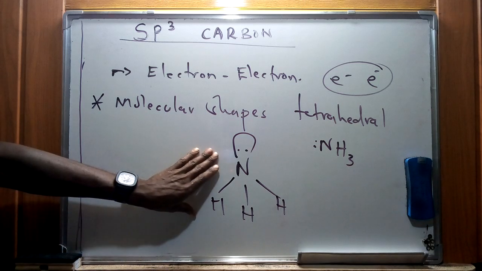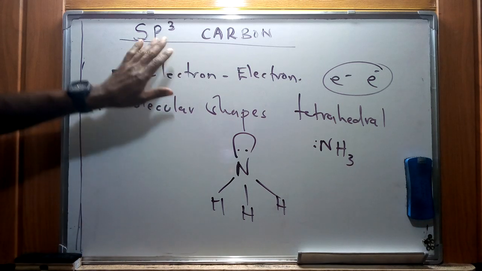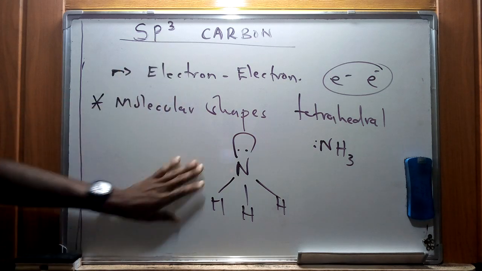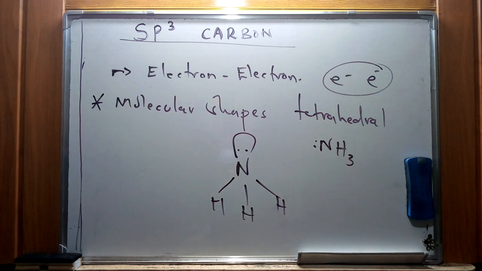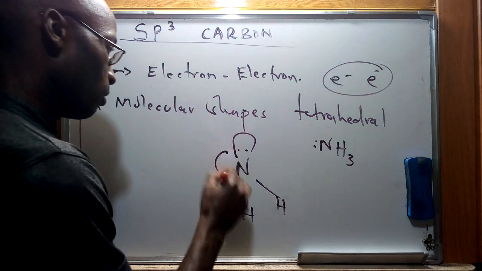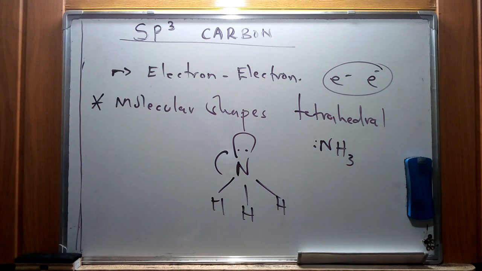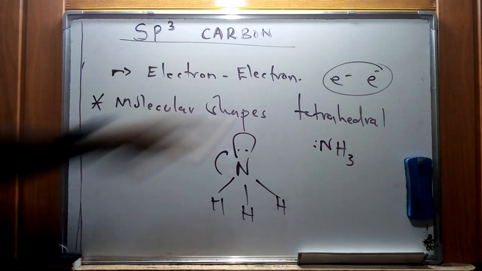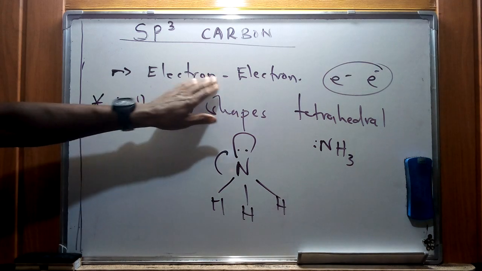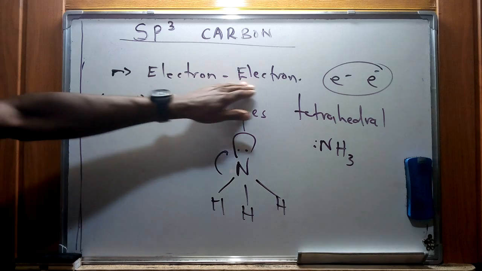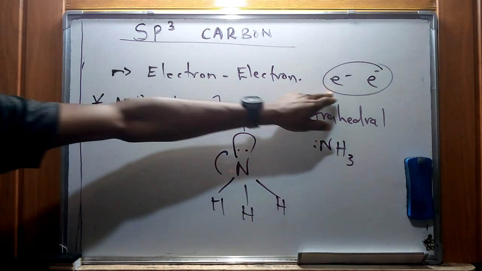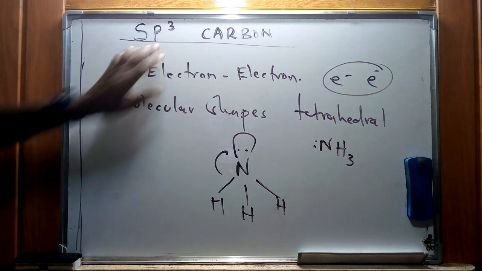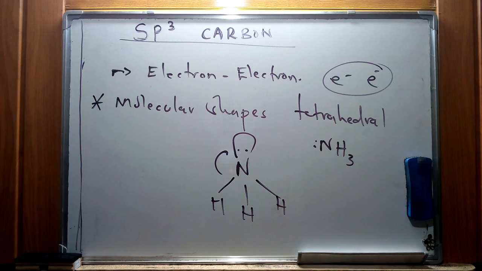This carbon from the hybridized perspective is also going to form a similar shape, due to the bond angle which achieves the least amount of repulsion for the electron interactions experienced in the sp3 hybridized carbon.